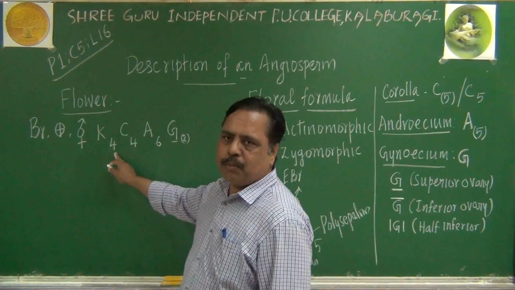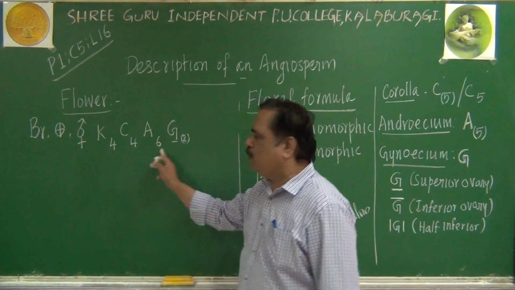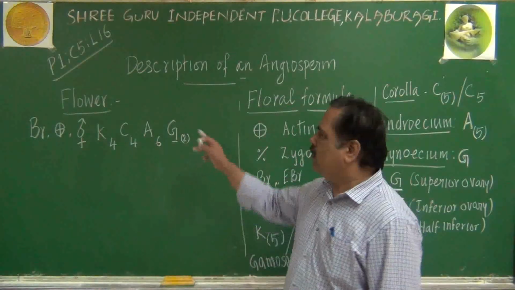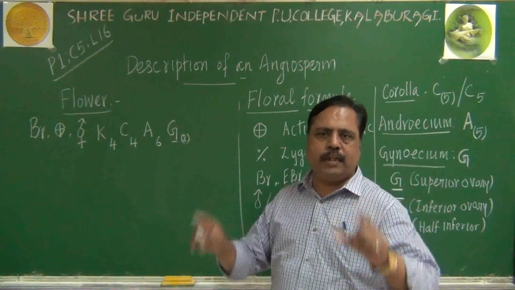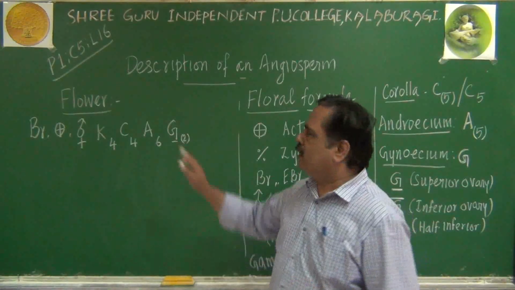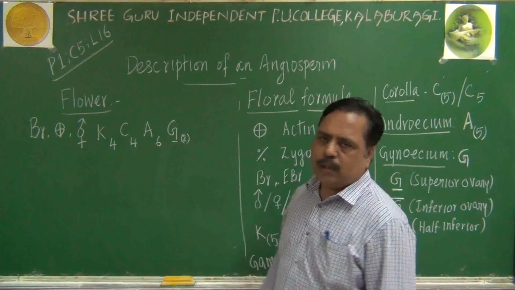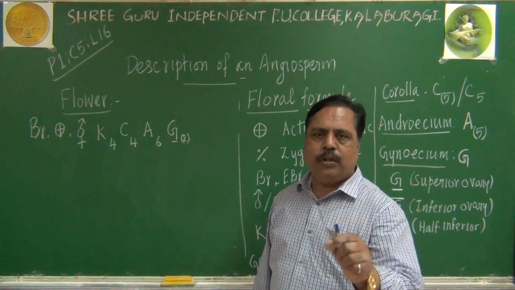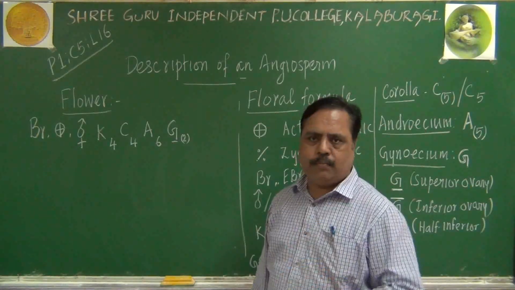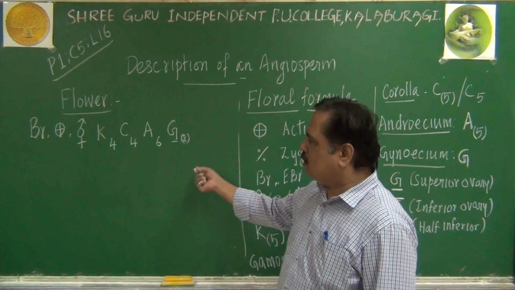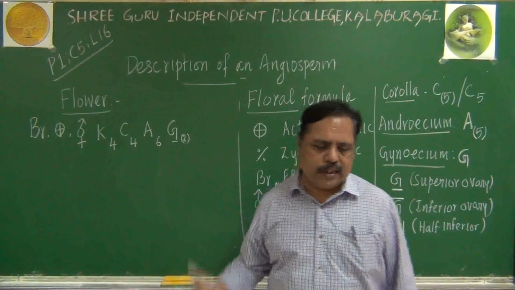How many sepals they have? How many petals they have? How many stamens they have? Whether it is superior ovary or inferior ovary, we can get everything described. This is regarding floral formula. I will now introduce another idea about floral diagram. We will see through it after a few seconds. Just wait.